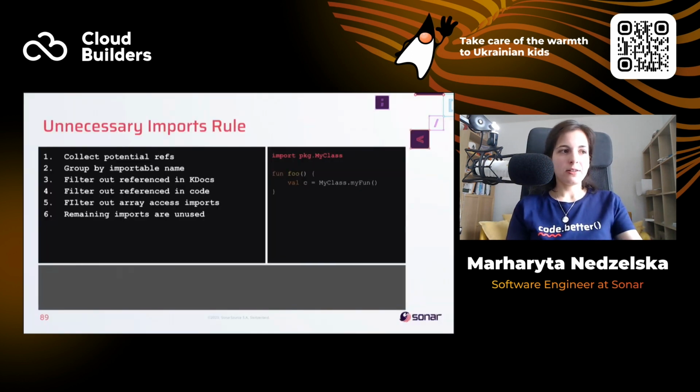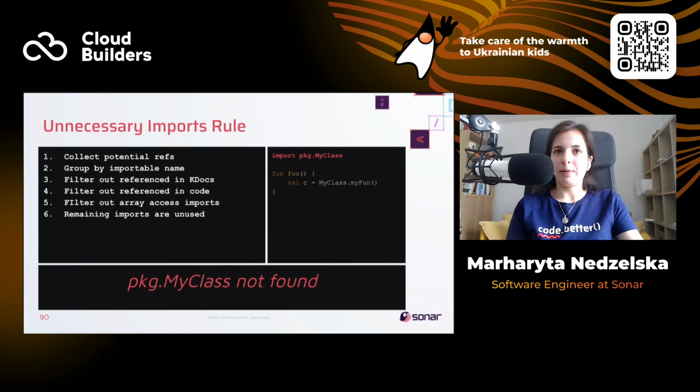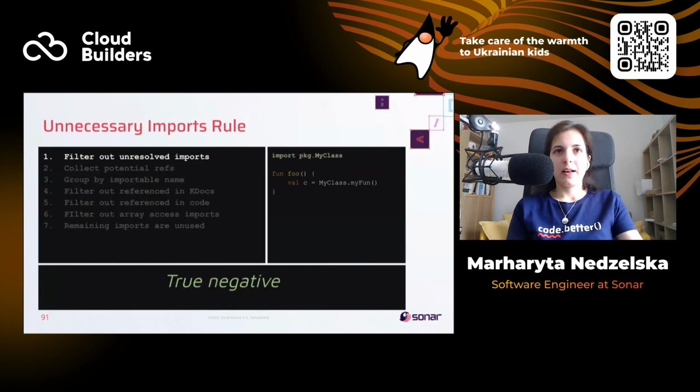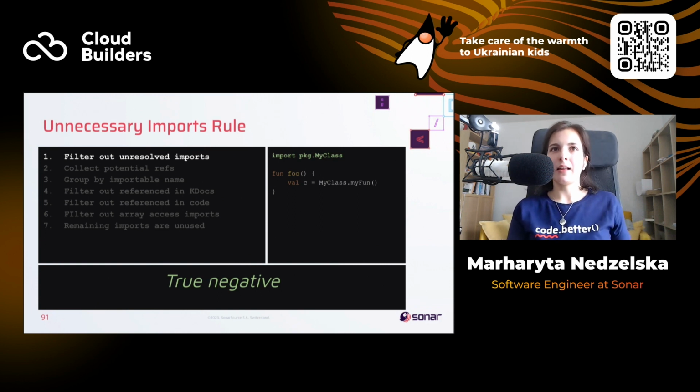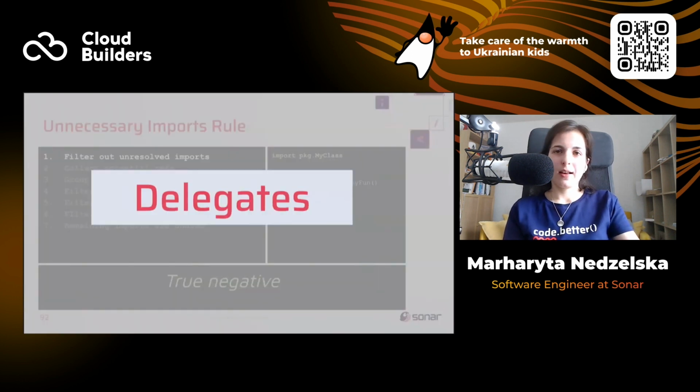Because of this, you might face false positives while they're actually used, because my package or my class was just not found on your class path. So one easy solution was to filter out unresolved imports, because in this case we cannot say anything and cannot be more precise. So we just filter them out, not to report false positives to you.